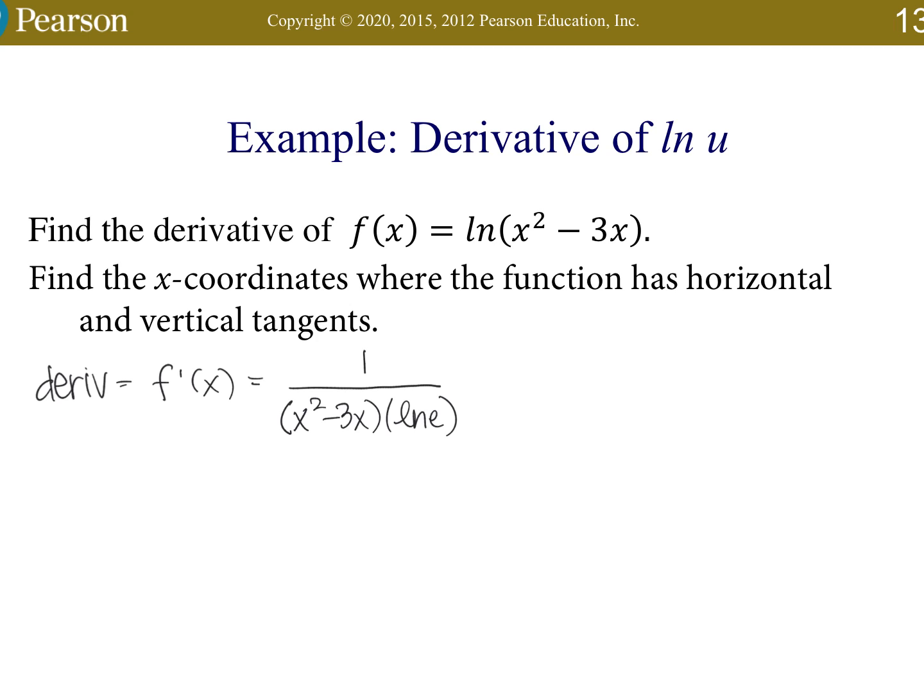And then multiplied by the chain rule of 2x minus 3. So looking at all 3 parts, you want to say, well, what do I have in the numerator? And since ln e is 1, that can simplify. So my numerator is 2x minus 3. My denominator is x squared minus 3x.